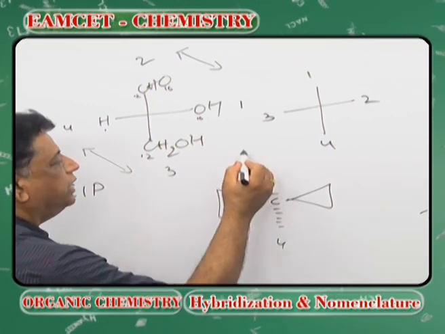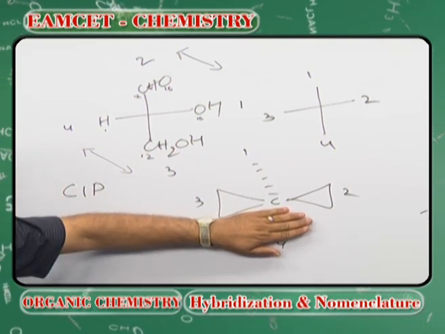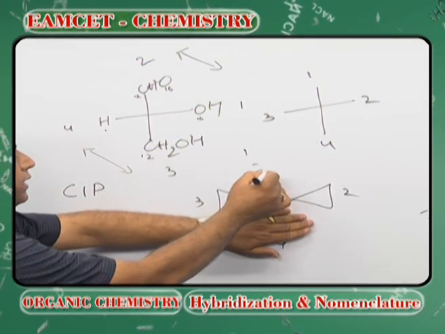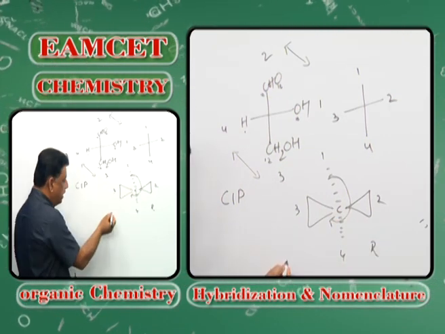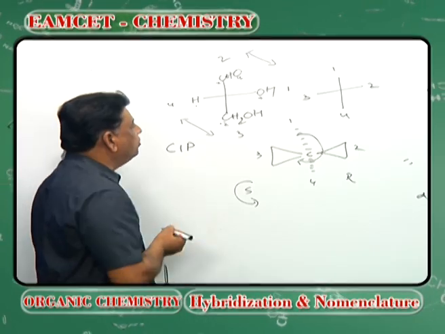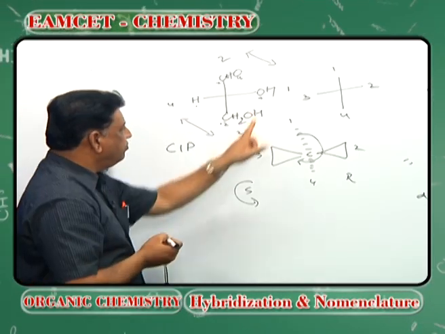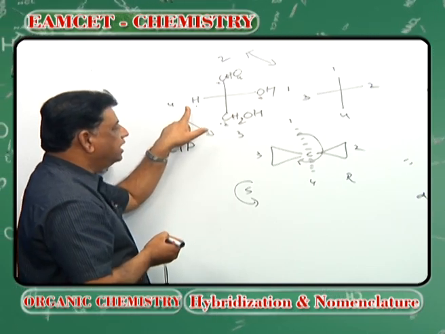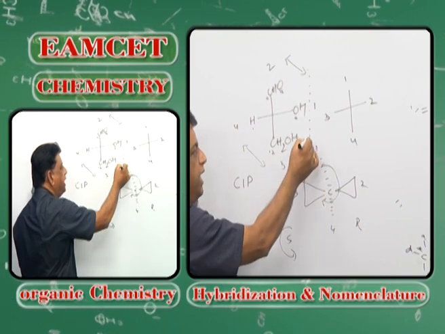So, if 1, 2, 3 are like this, think that the 4th group is not there in the figure, read 1, 2, 3. It goes in the clockwise direction, therefore, it is given R. If the anti-clockwise direction comes, it is S. So, therefore, this glyceraldehyde is given an R configuration, right. If the OH is perhaps this side, it will come as S configuration. That means its mirror image happens to be the S one.